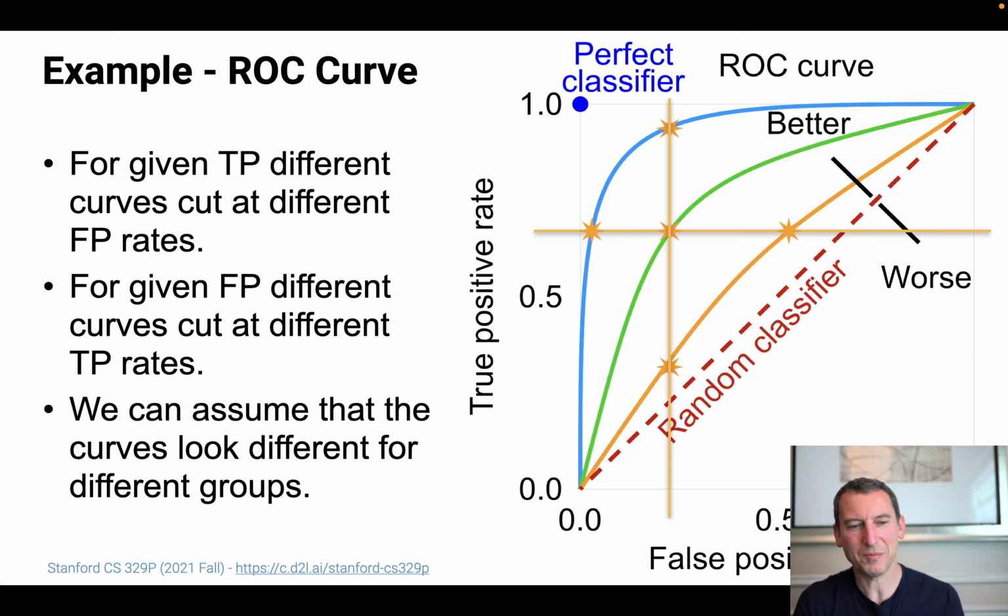So remember the example before where we said actually in this case, they need not be at the same risk. If I have two demographics and I was just lazy to keep the words good, better, and worse. But basically for a given true positive rate, this one here, I can clearly see that for different curves, I get different cut points. So I get different false positive rates.